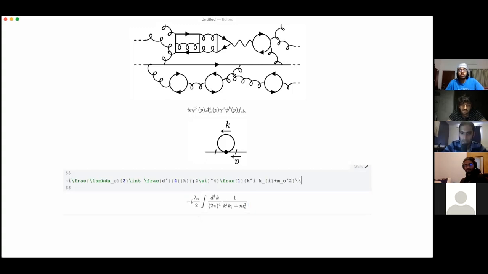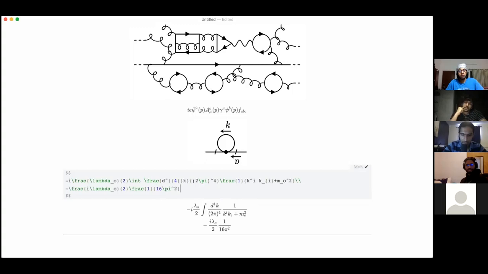So instead you go to Euclidean signature where I can really put a cutoff. But how do I put the cutoff? I put a cutoff on a radius. So I have lambda 0 over 2 times 1 over 16 pi squared, and an integral from 0 to lambda squared.